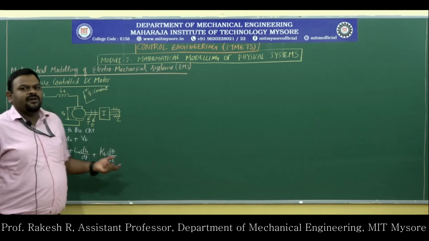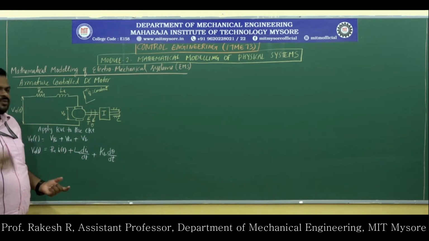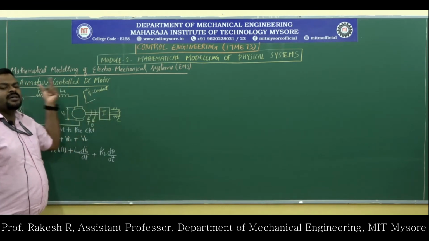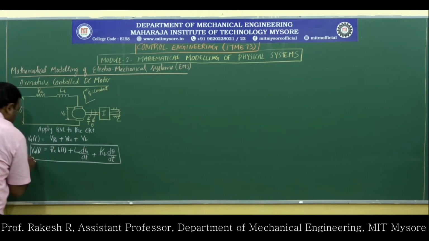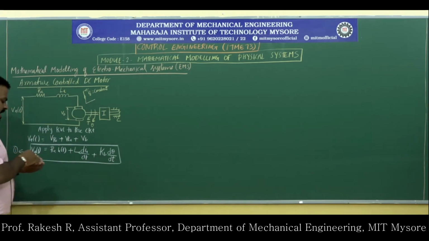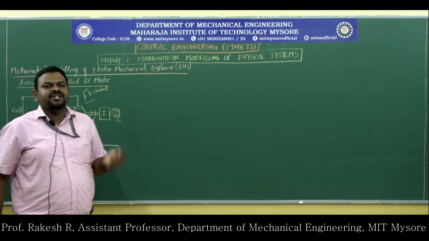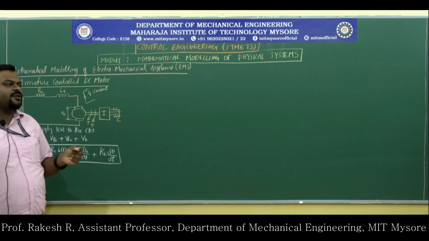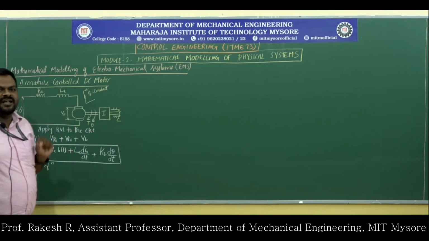Here we need to find the current in the circuit. To find it, we will use the mechanical system as well as the basic definition of armature current. I will call this equation number 1. As per the definition, an armature controlled DC motor is an electromechanical system in which the speed of the DC motor is controlled using the armature supply voltage while the field supply voltage remains constant.